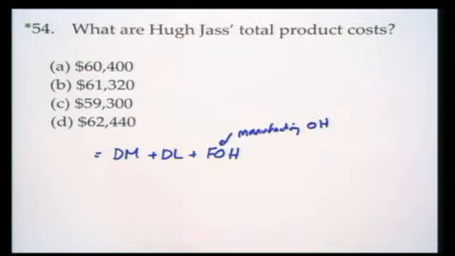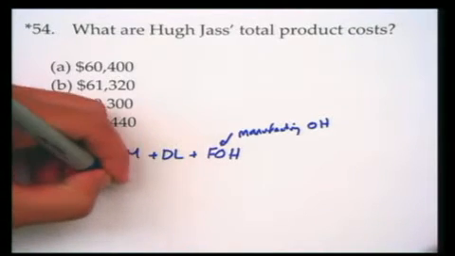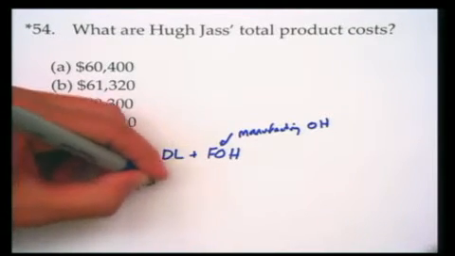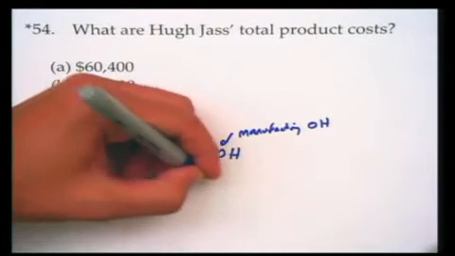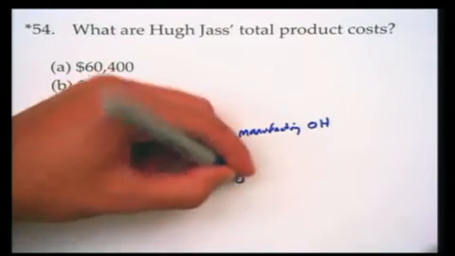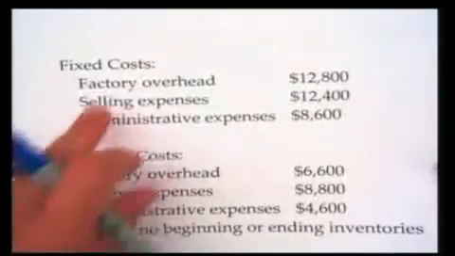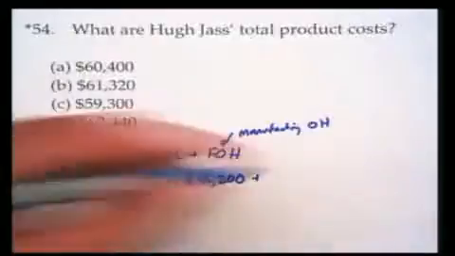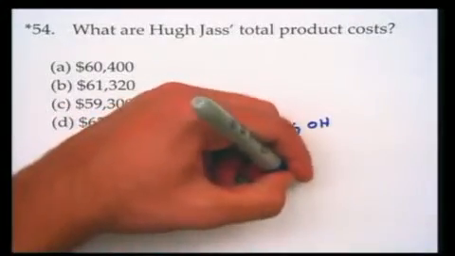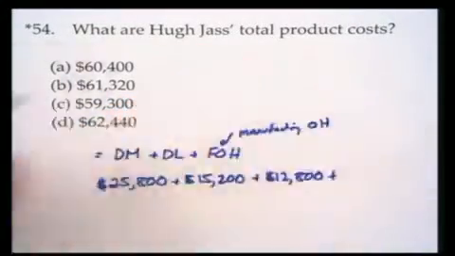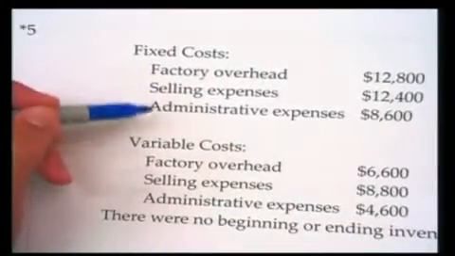Well, let's see. Direct materials we know are $25,800 plus our direct labor is $15,200 plus our factory overhead. Well, let's see. And by the way, does it matter whether it's fixed or variable factory overhead? No, right? We go to factory overhead, $12,800. These are selling, administrative, and general, so we're not going to include those.